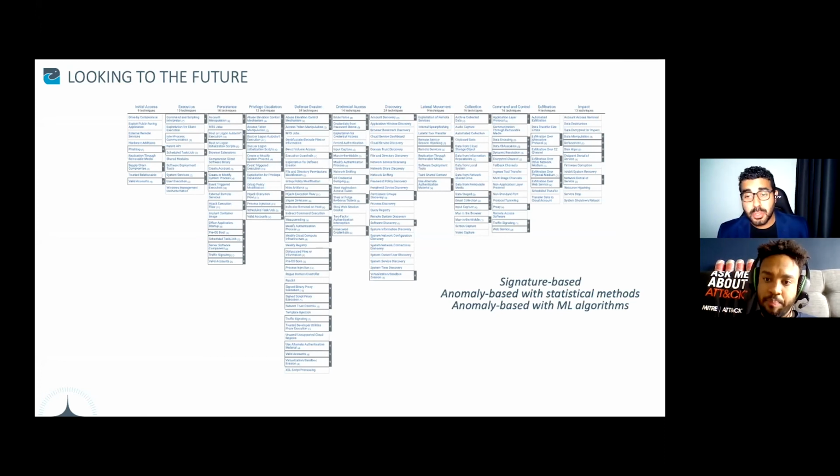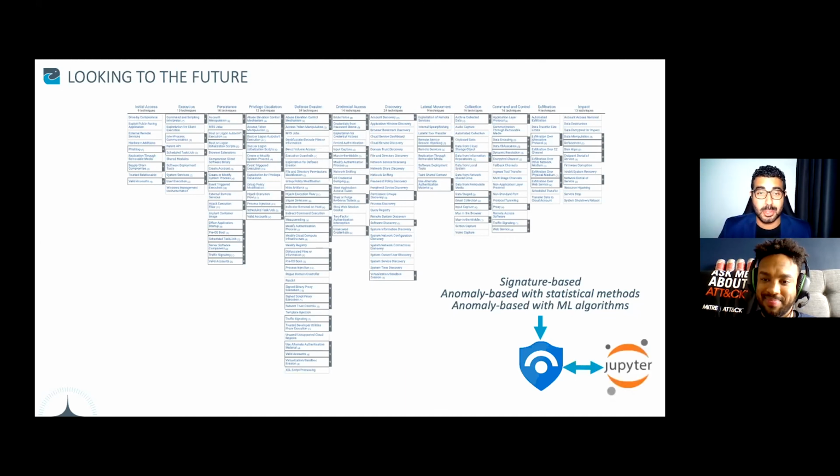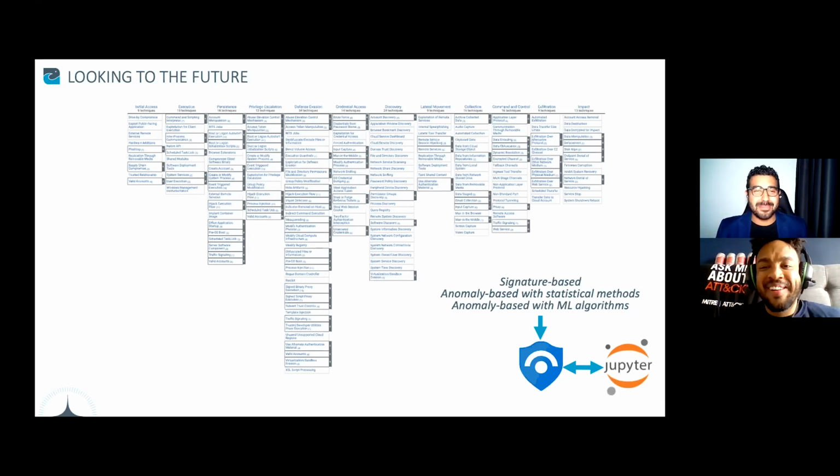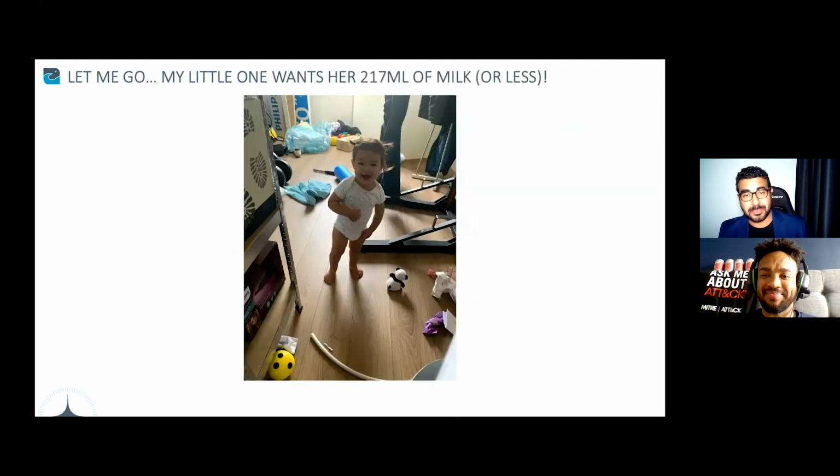But we also use some machine learning algorithms. In KQL you cannot write machine learning algorithms, but Sentinel allows us to use Jupyter Notebook. My life is saved. Now we can bring all our crazy machine learning algorithms to use the data within Sentinel.